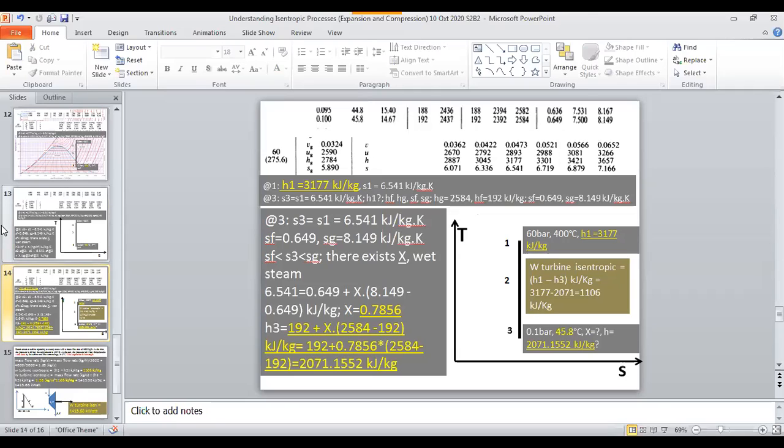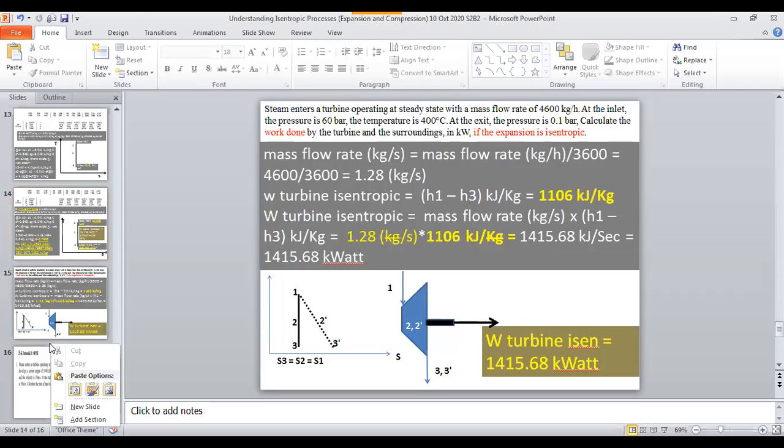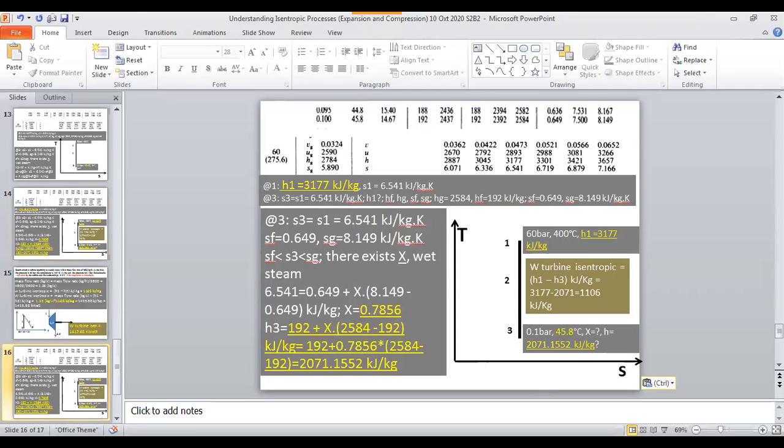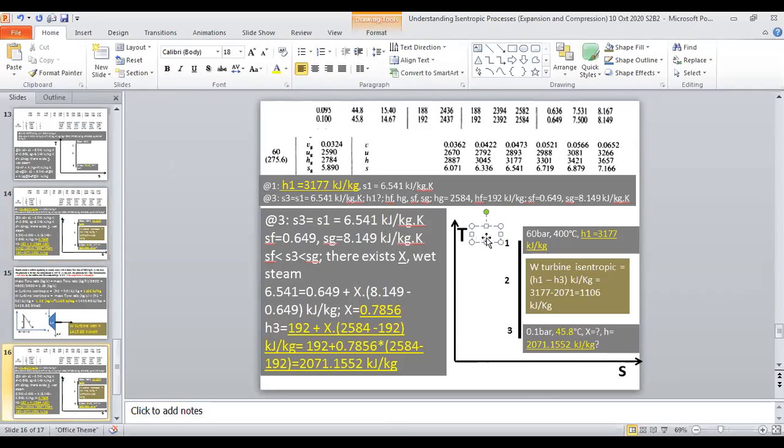If you think of x at state 1, x is not applicable because this is superheated. You cannot say 1 or anything.